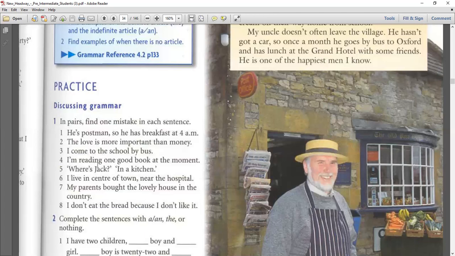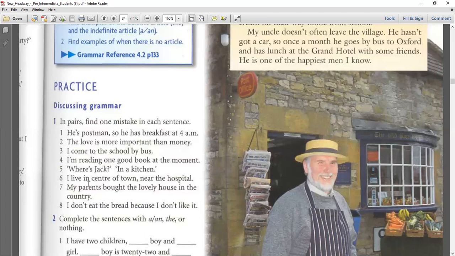I am reading one good book at the moment. We have to say I am reading a good book at the moment. We delete the word one. Where is Jack? In the kitchen, not in a kitchen. I live in center of town near the hospital.